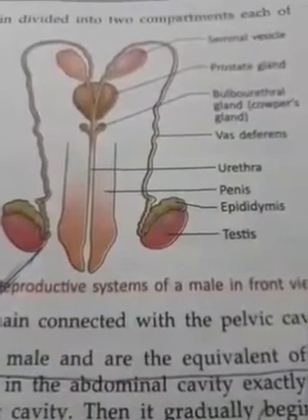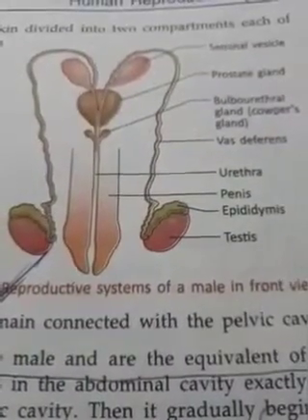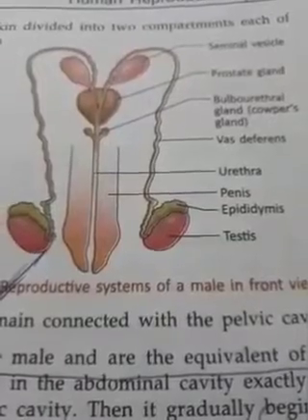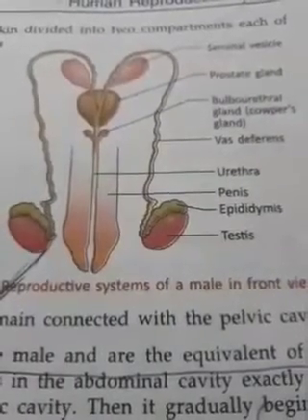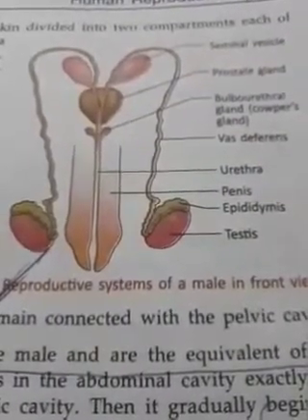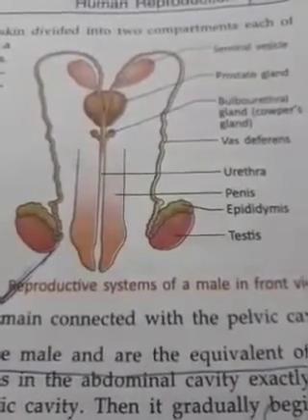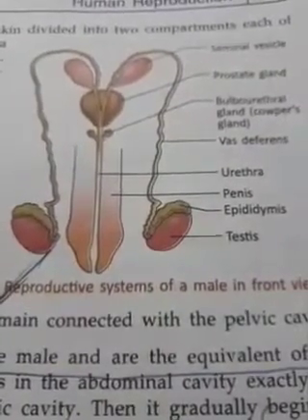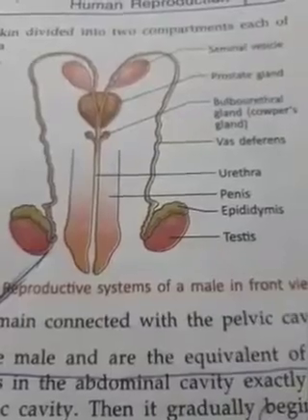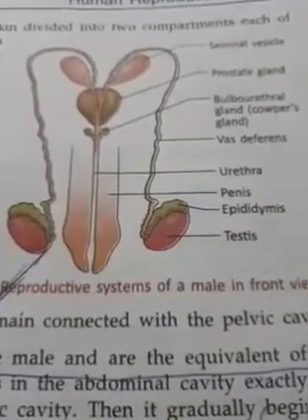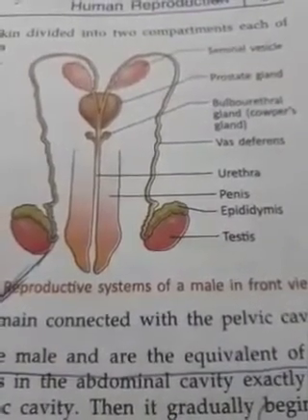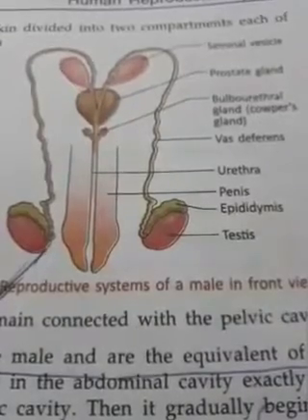The secretion from the prostate gland makes the urethra slippery, thus helping in the discharge of sperm.